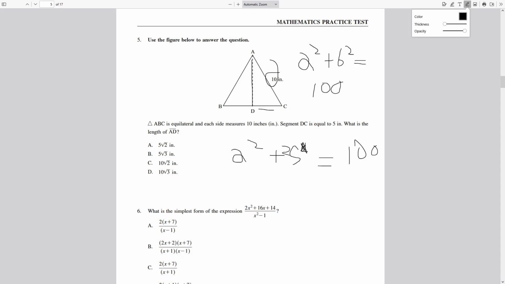So, A squared equals 75. So the answer is... So this is the square root of 75? AD is the square root of 75.